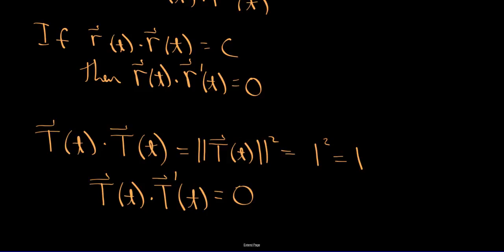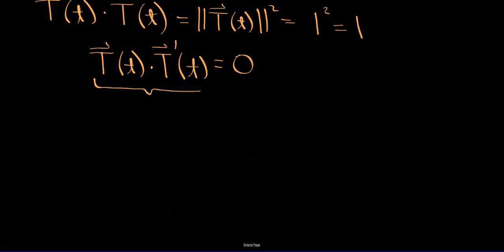Well, what does this mean then? What does that say about T and T prime? If their dot product is 0, what does that mean? It means they're 90 degrees, orthogonal. They're normal, perpendicular. So when I talk about the normal, I'm saying a vector that I can dot with the tangent vector and get 0.